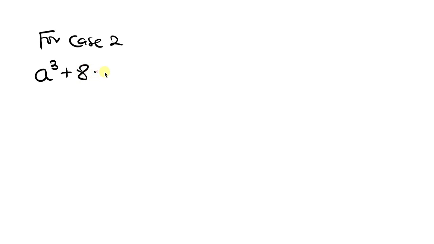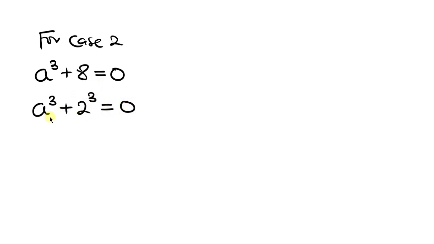Now for our case 2, do you remember case 2? Case 2 is where we have a cubed plus 8 equal to 0. Well, this expression can be written as a cubed plus 2 cubed, equal to 0.